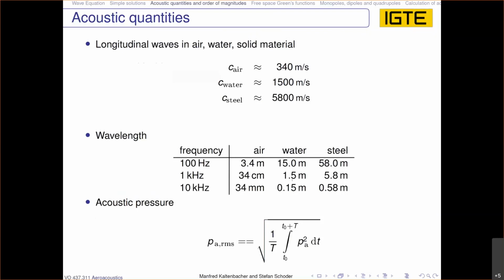That is why for medical applications, or sometimes also for non-destructive testing, you have to go into the megahertz range. Because the human body is very similar to water concerning the properties of acoustic waves.